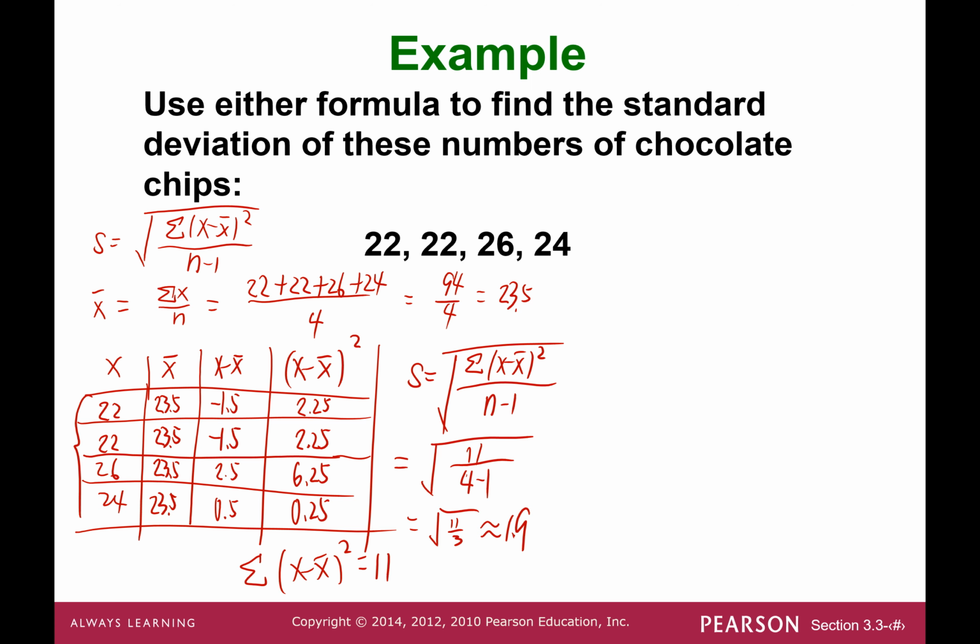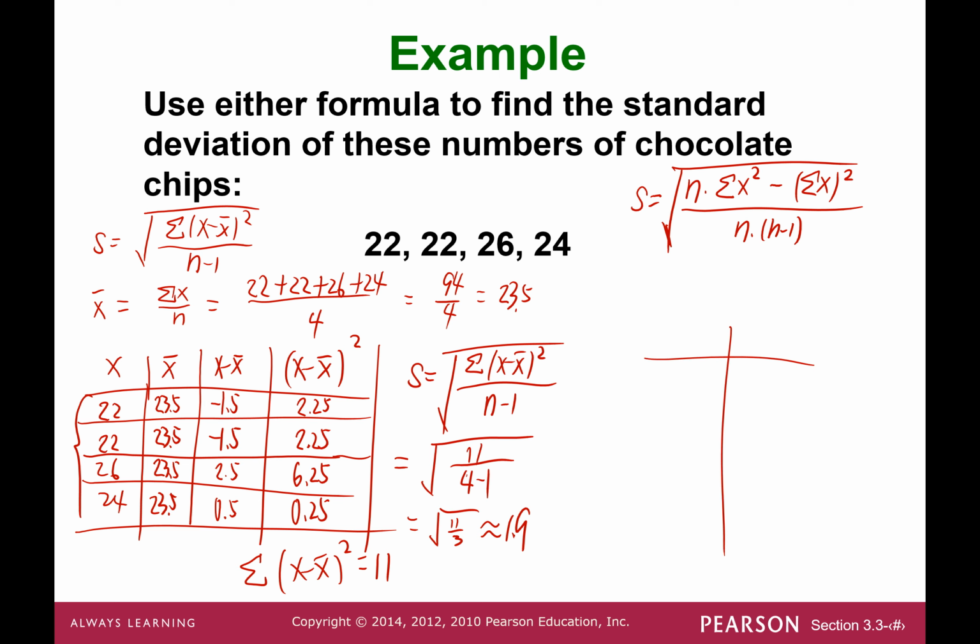I'm going to use the second formula as well. Standard deviation equals the square root of n times the summation of x squared minus the summation of x, squared, over sample size times sample size minus 1. This formula, you just need 2 columns. You need to know the sample size and then 2 columns, x and x squared, that's all.